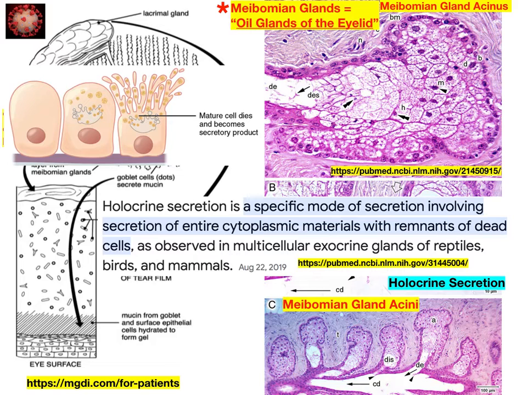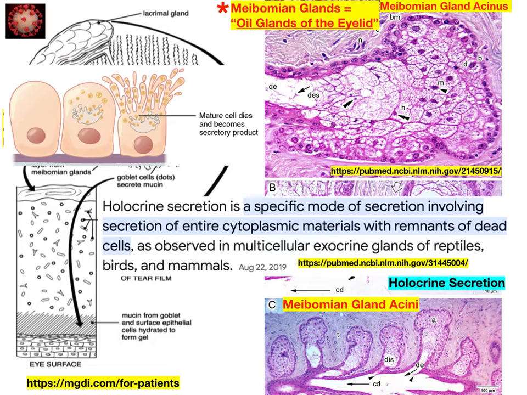The meibomian gland is a specialized sebaceous gland, an oil-secreting gland. Sebaceous glands are found throughout the integument of the human body, including, in this case, the eyelids. In the upper right, one sees a stylized diagram of a maturing holocrine secreting cell.